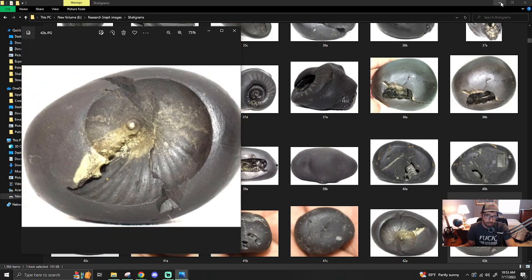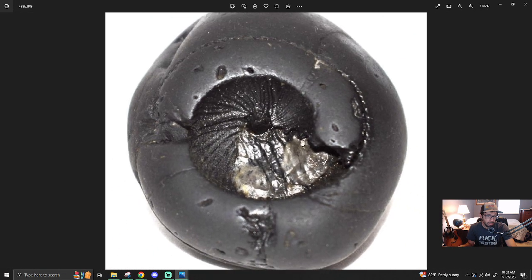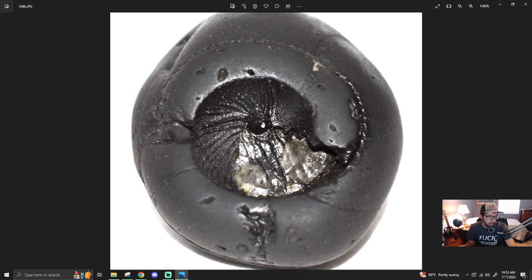I think I talked about it though, with the nub. Smooth but etched. I love it when they're like this. Like the ammonite itself is kind of just the rock, but not.